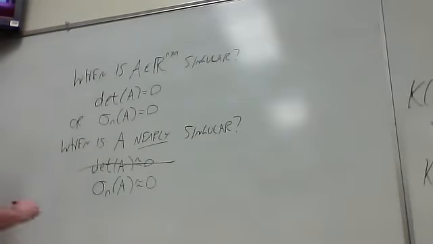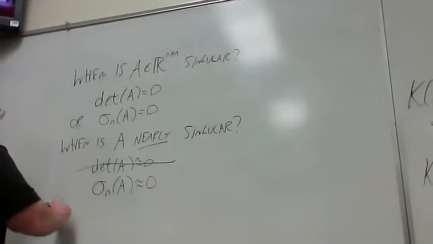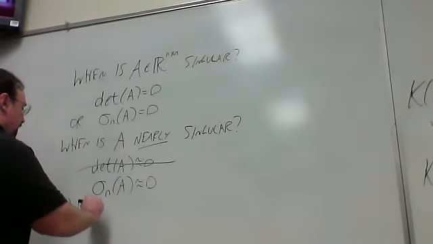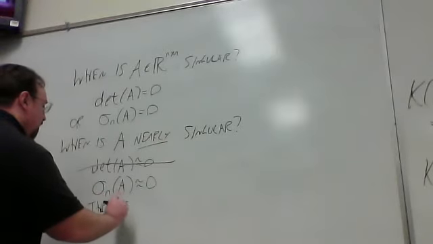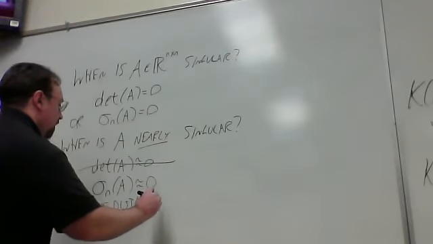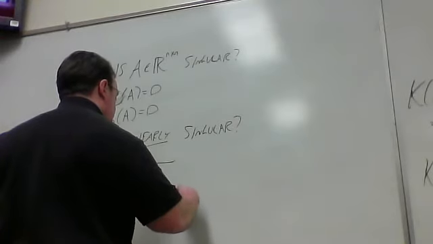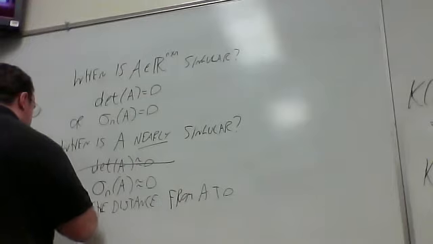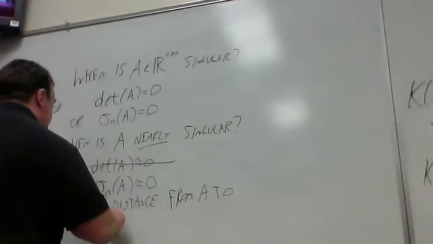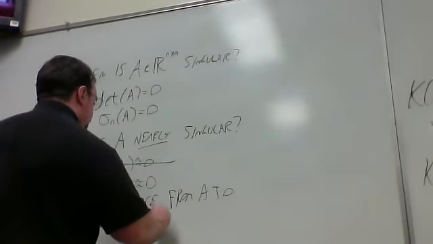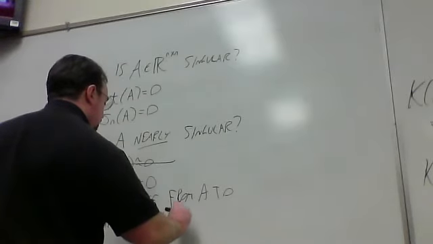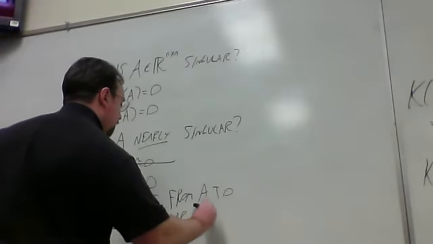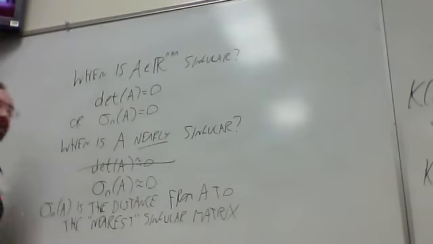In fact, you can say that sigma n is the distance from A to the nearest singular matrix. And by distance, I mean I'm measuring distance in the matrix 2 norm sense.